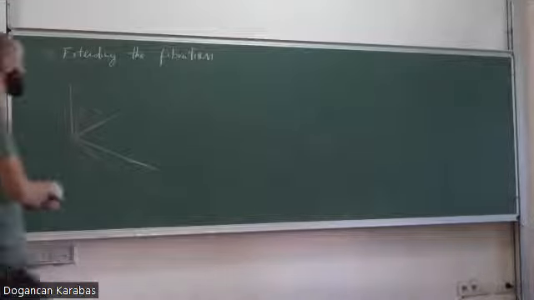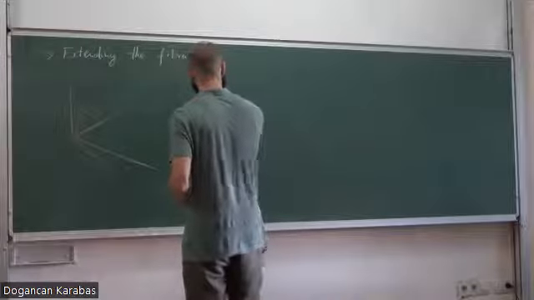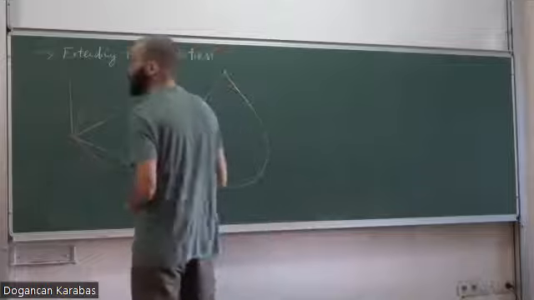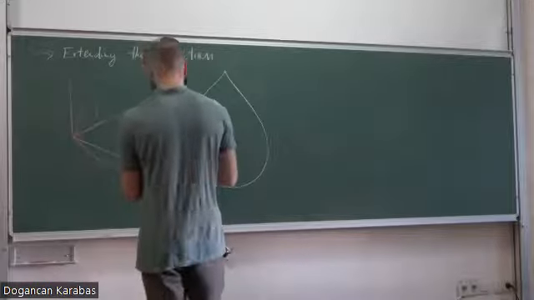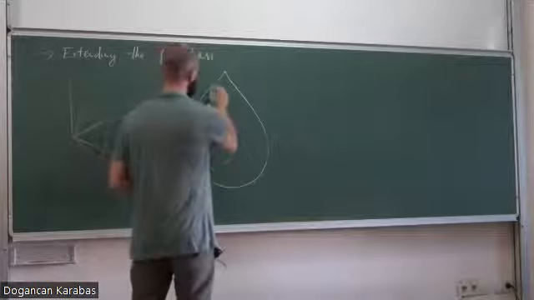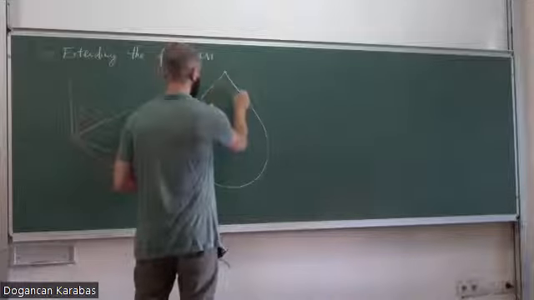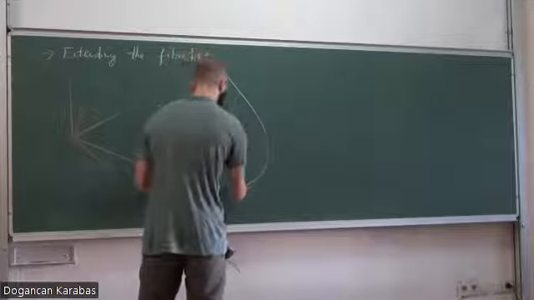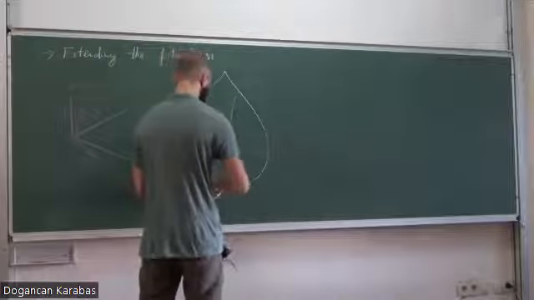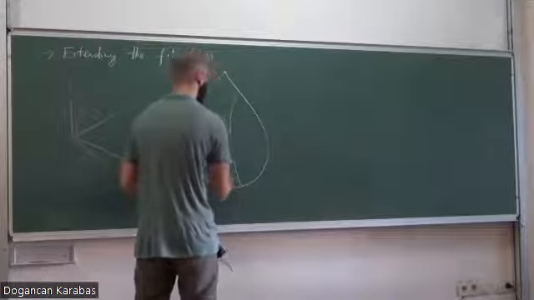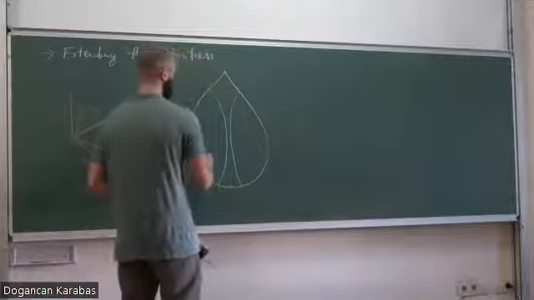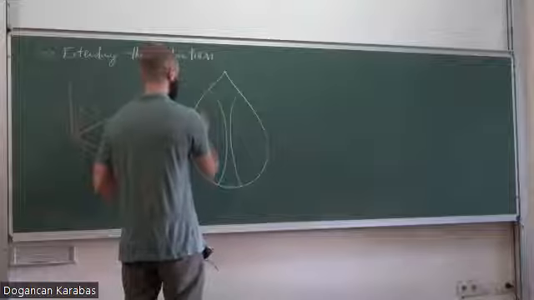So let's draw it again. Here's the orbifold point, and the blue one. So you start, as Umut points out, somewhere here, and here what happens is kind of easy.